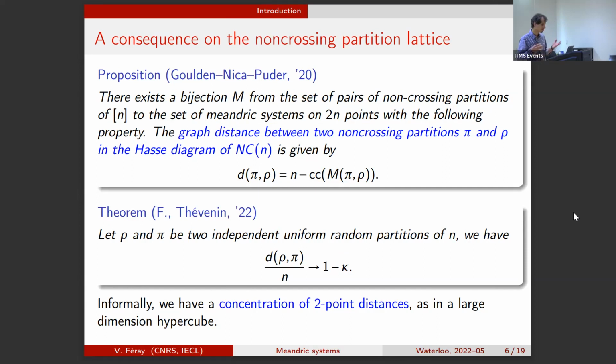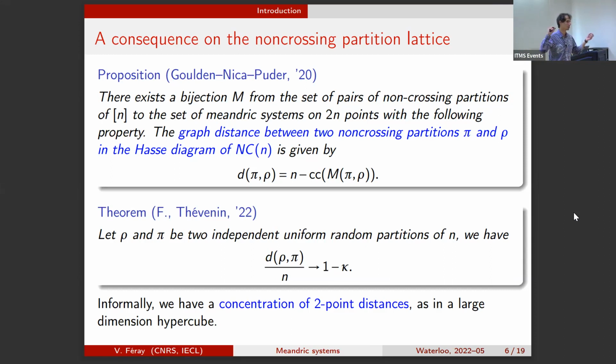Just to give you an idea, because it's a bit abstract, if you want to picture what it means to have a large graph where, when you take two vertices uniformly and independently at random, the distance concentrates to some value, a typical example is a high dimension hypercube.